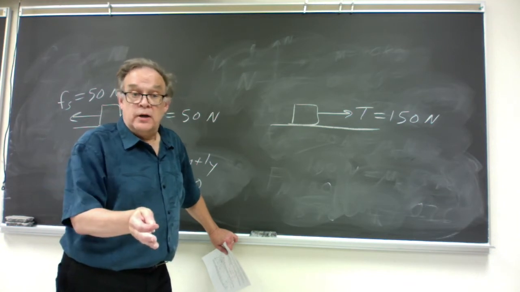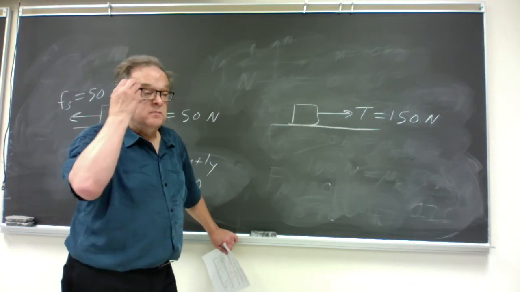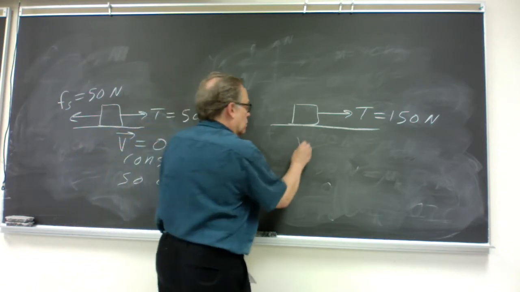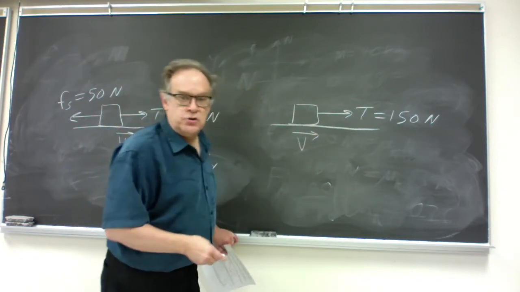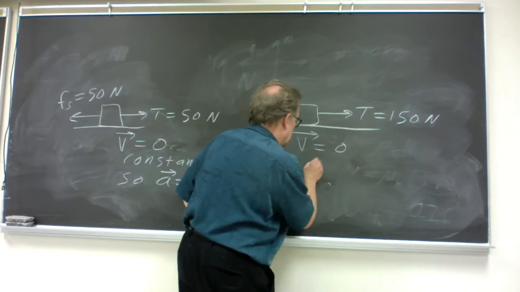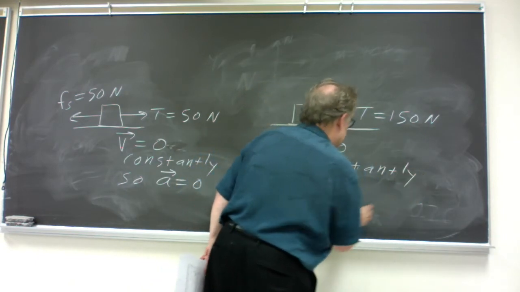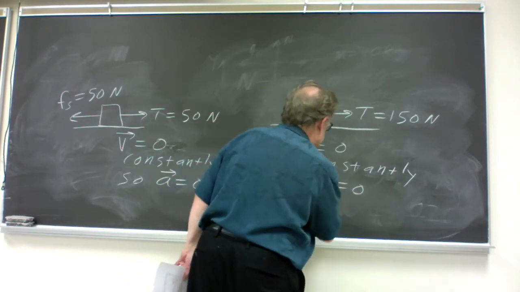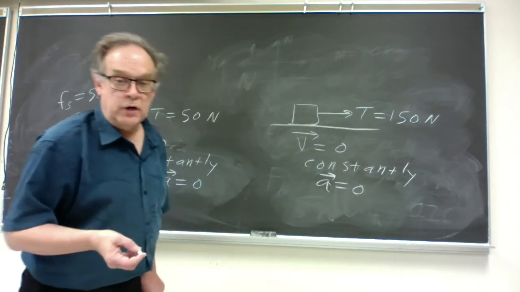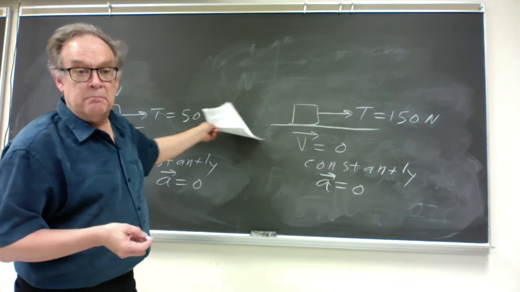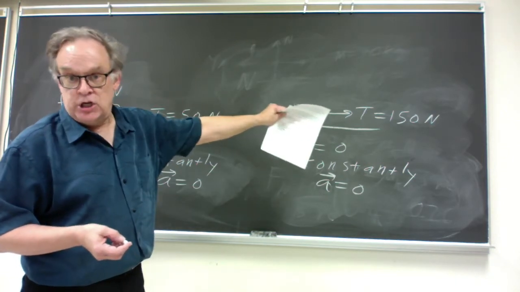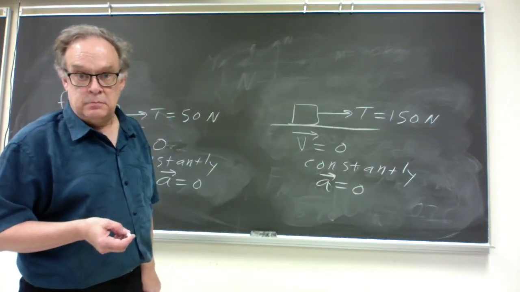You push harder and it still doesn't move. That happens, or still doesn't move means in physics terms the velocity is zero constantly, which means acceleration is zero, which means no net force, which means there must be some backwards force that's matching and canceling out the tension.